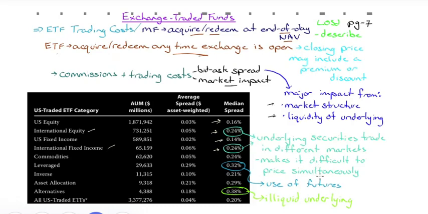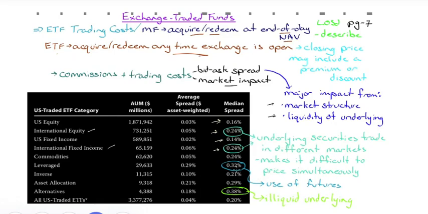So a dealer looking at a screen says, well, I can see the ETF price, but the fair value of the creation basket, I don't know, because these other stocks are trading in a market that's now closed. I only have the previous closing price. If the market were open, given the events that have happened, chances are it wouldn't be trading at that closed price. It would be trading at some different price. So I can't come up with a number that makes a lot of sense unless I already have it in inventory. And if that's the case, well, guess what? Those spreads are going to have to be wider to account for that uncertainty. And there it is right there, 0.24% on anything international.